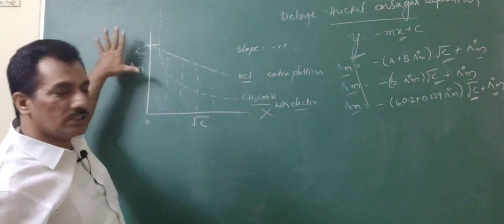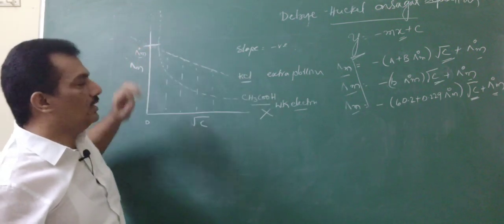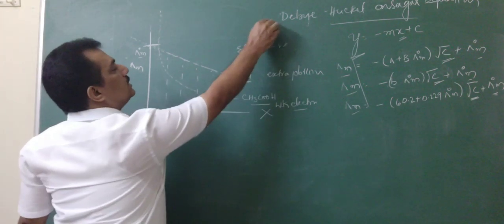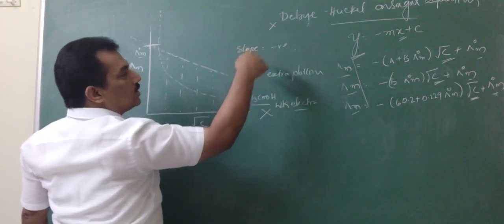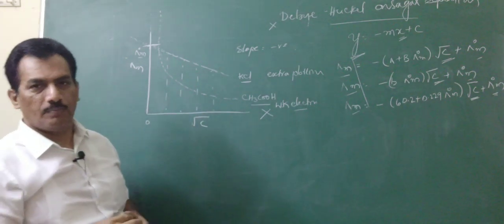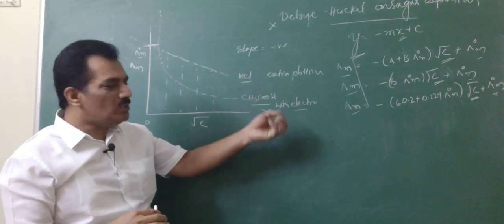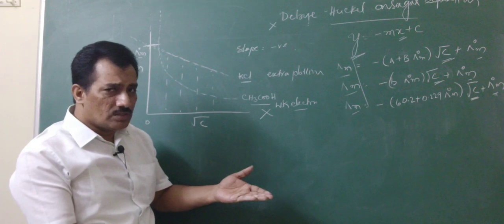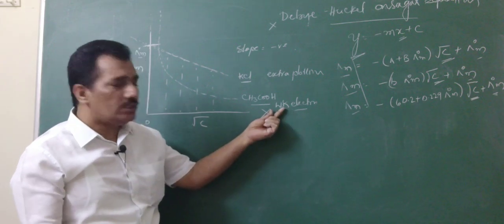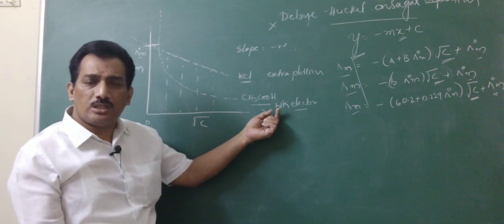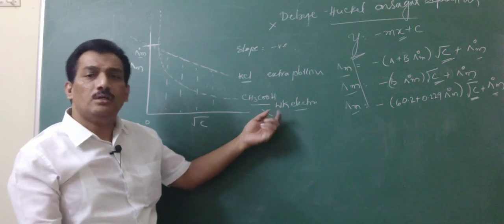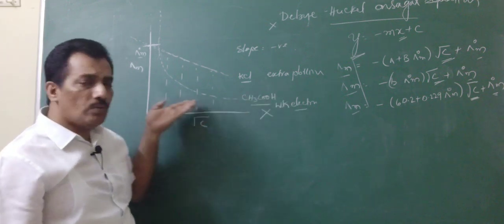The extrapolating technique is not working here. That's why in case of weak electrolytes the Debye-Huckel-Onsager equation totally failed. That's why it is not useful. That means, as in the previous discussion also, for weak electrolyte it is not at all possible to measure the conductance at infinite dilution practically. Here it is proved.